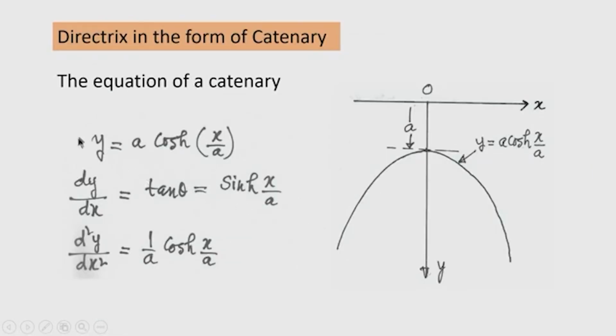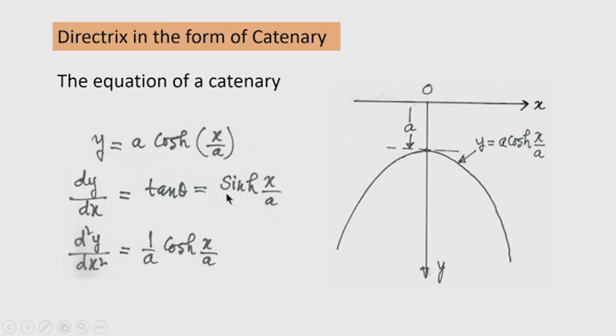Next directrix is the catenary, which is also common in some applications. Now, the equation of the catenary can be written as y is equal to a cos hyperbolic x by a. So, dy by dx, that is the first derivative, is calculated, which is nothing but tan theta, and it is equal to sin hyperbolic x by a, because 1 by a will come out and it will be cancelled with a.